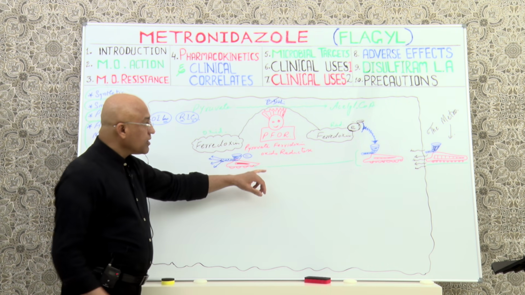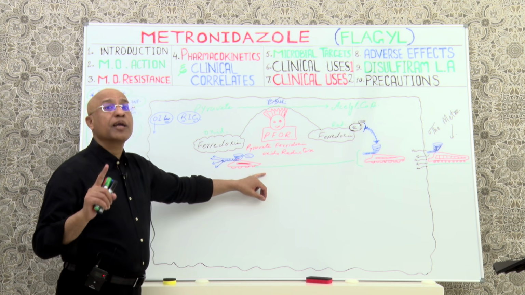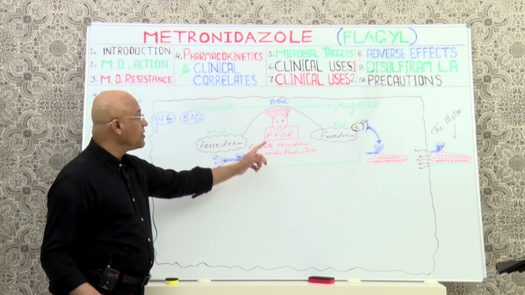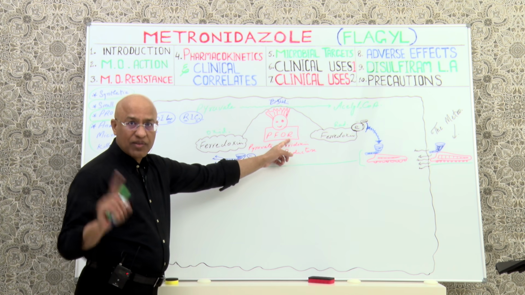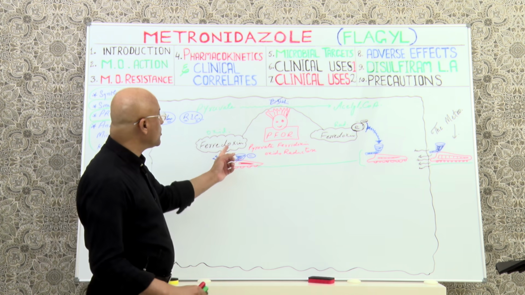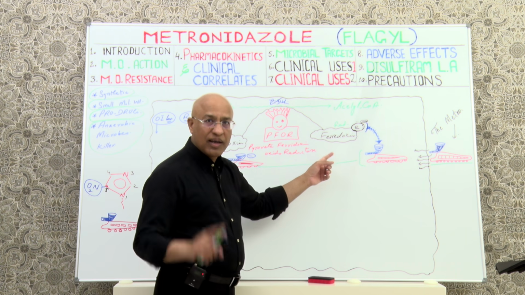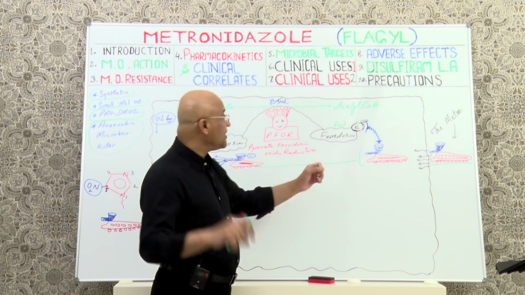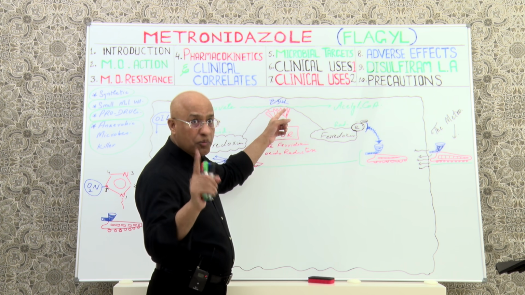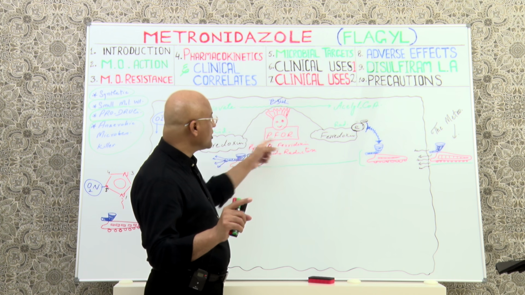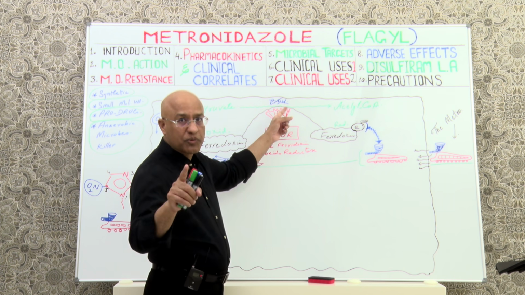But those cells which are aerobic do not have pyruvate ferredoxin oxidoreductase. They don't have this enzyme, and they don't have ferredoxin. Aerobic microbes have another enzyme, pyruvate dehydrogenase.